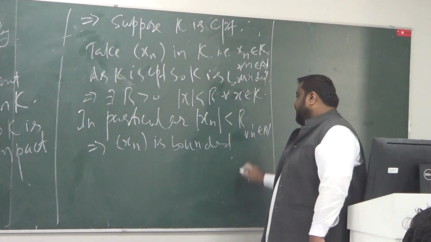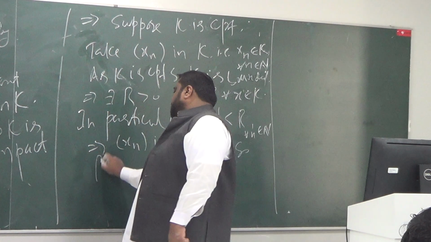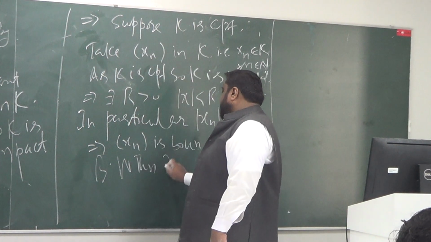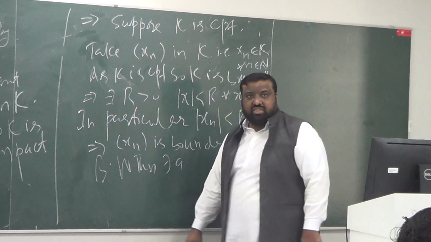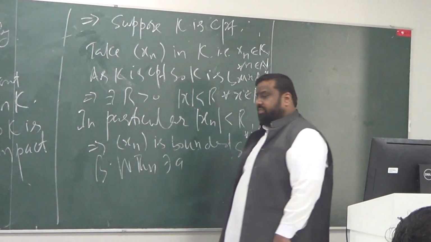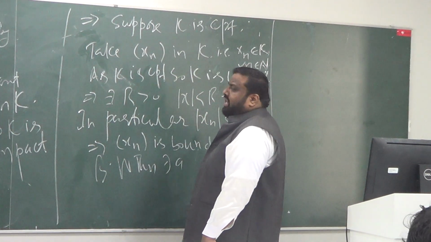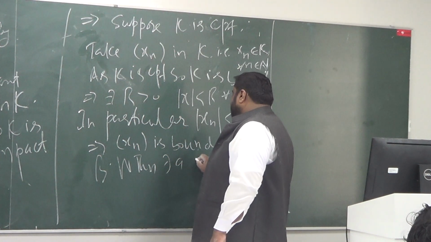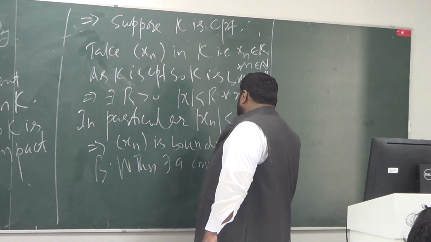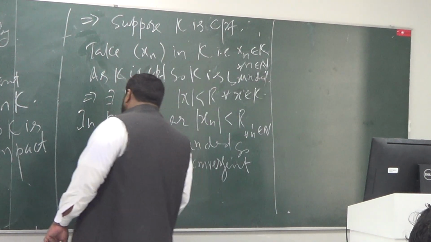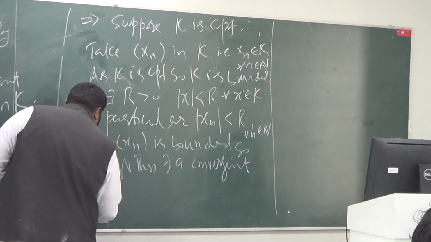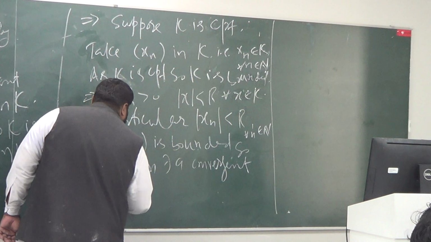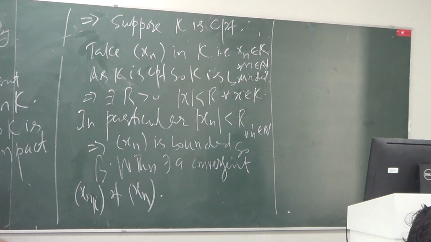So by the Bolzano-Weierstrass theorem, there exists a convergent subsequence x_{n_k} of x_n.